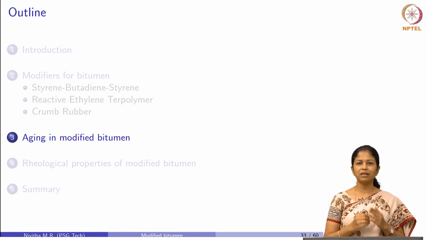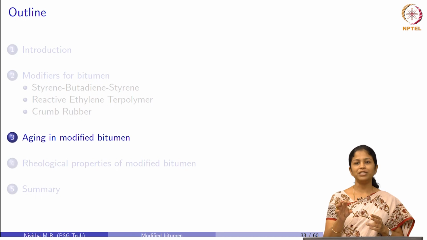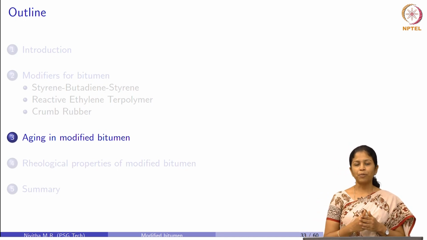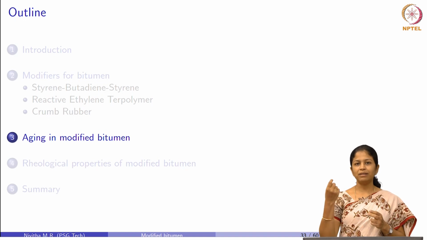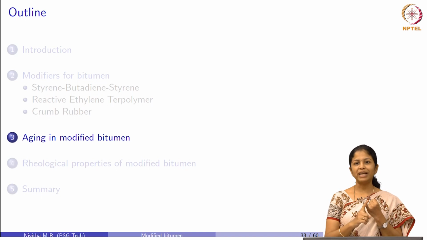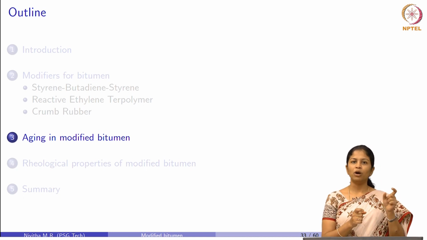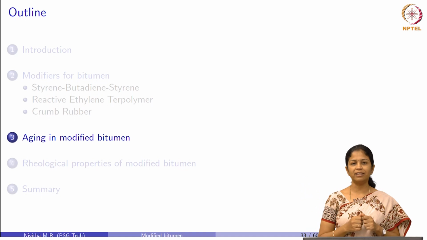We are not discussing that in detail, but I just want to tell you how the production process goes on. The production process happens when the modifier is added to bitumen at high temperatures. The blending temperature is again a variable. Depending upon the type of modifier and the base bitumen, the blending temperatures can vary from 150 to 185 degrees Celsius.